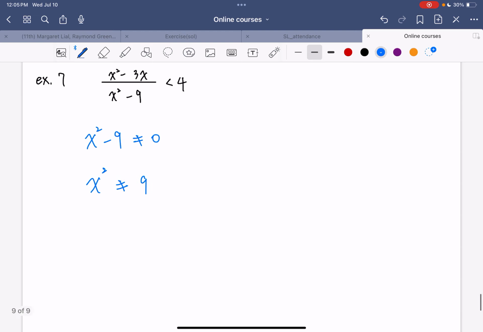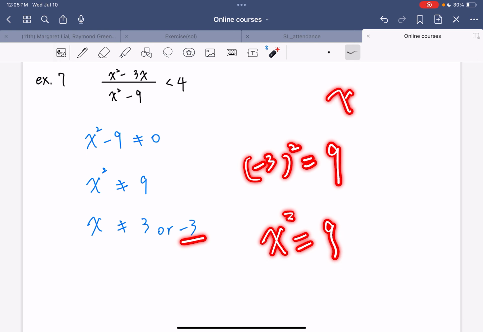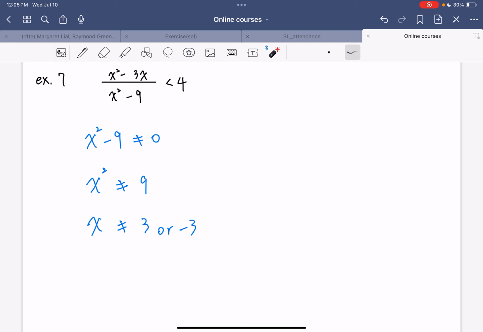So x could not be 3 or -3. Why we got negative here? Because -3 squared is 9. So x squared equal 9, we can also say that x is equal to -3. Okay. So keep this in mind. It provides other points for us.